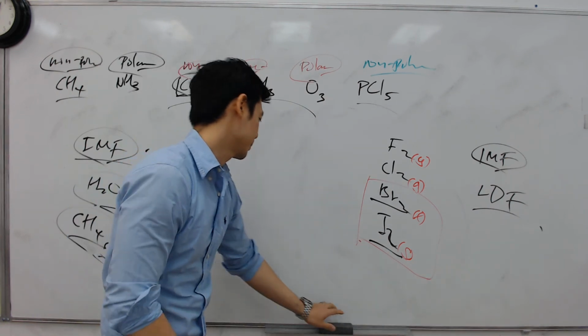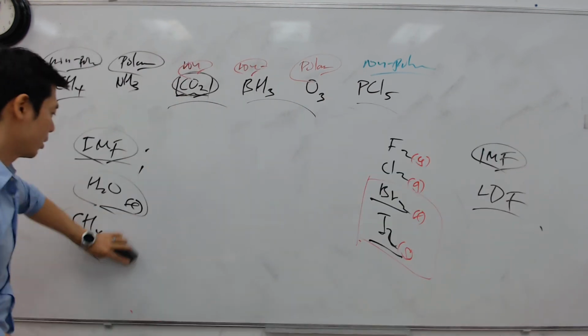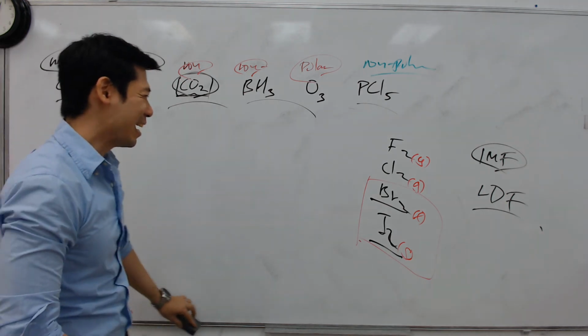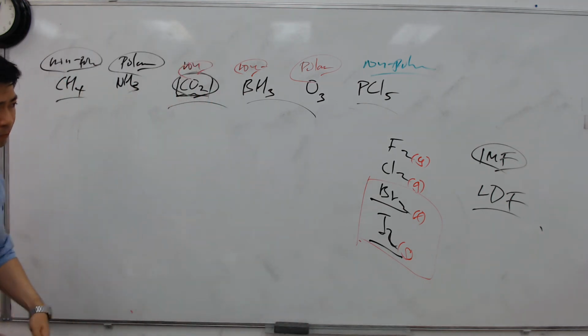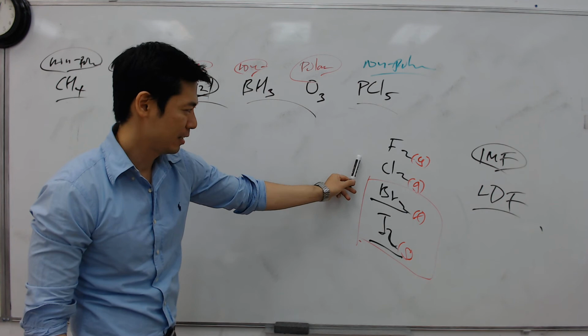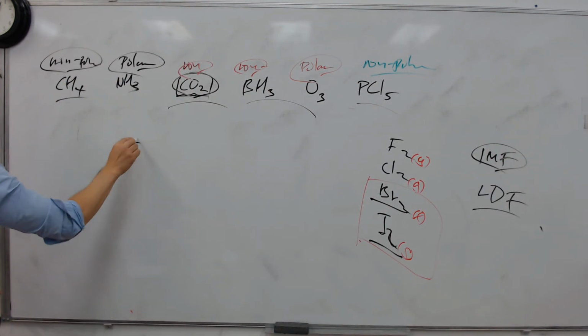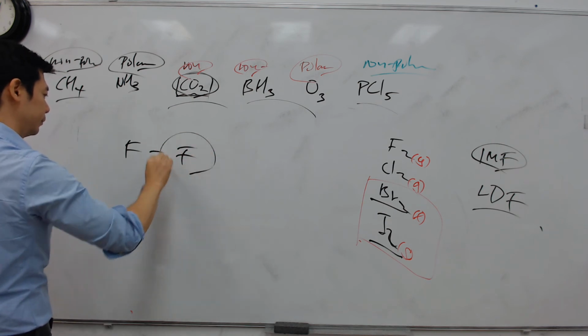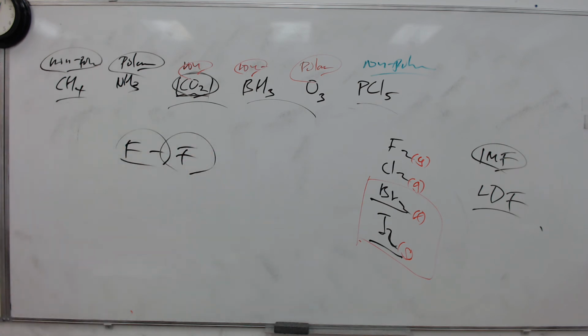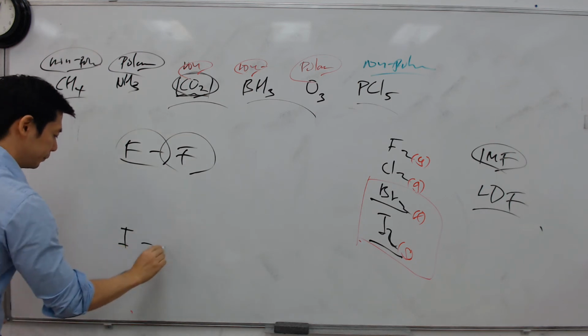So let's discuss LDF. Let's compare F2 to Cl2. F2 looks like this, and Cl2 and I2 look like this.